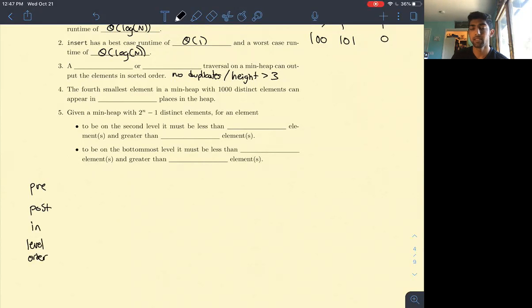So if we have any heap, let's say we have some arbitrary heap, how a pre-order traversal works, it'll output this element. This is the order that a pre-order traversal would output the elements. An in-order traversal would output the elements in that ordering.